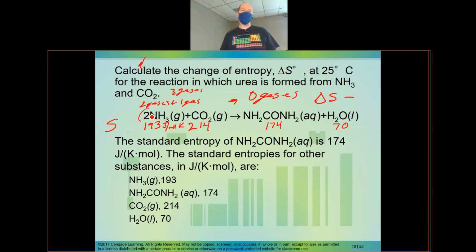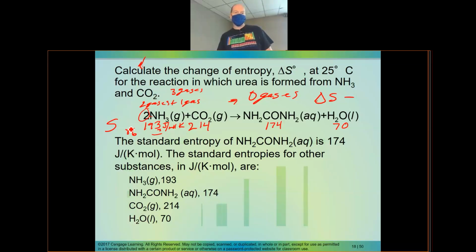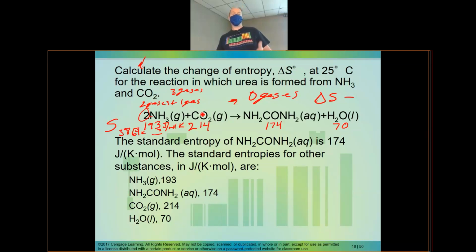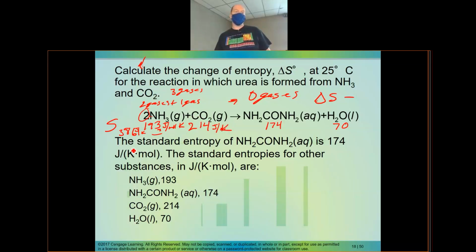And so for the NH3, we have 2 moles, so you have to multiply it by 2. You multiply this by 2, and you have 386 joules per Kelvin. And when you had 1 mole of this times 214, you get 214 joules per Kelvin.